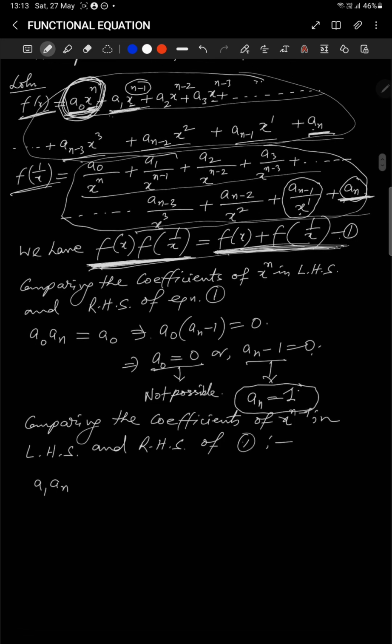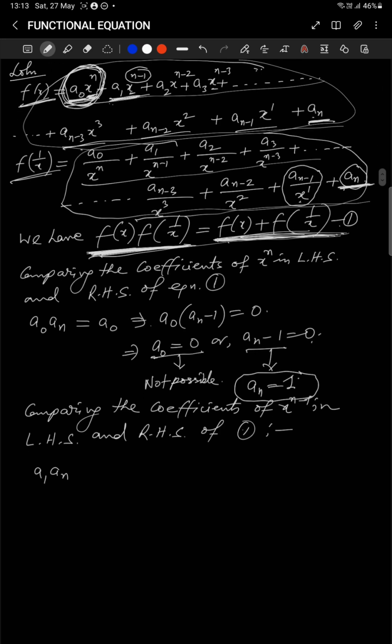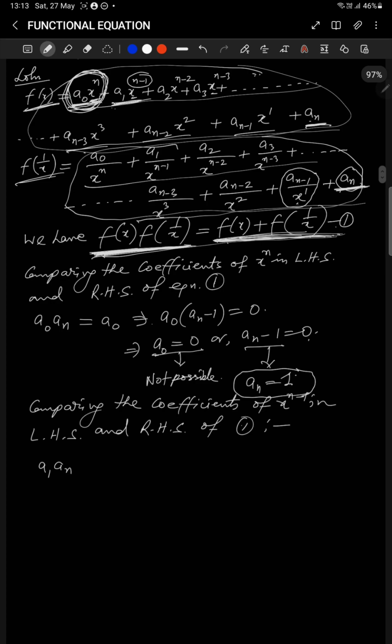So in the left hand side the coefficient of x to the power n minus 1 could be a0 into a_{n-1} beside this one. So plus a0 a_{n-1}. So I think only these two possibilities are there to get x to the power n minus 1. So that is happening in the left hand side.